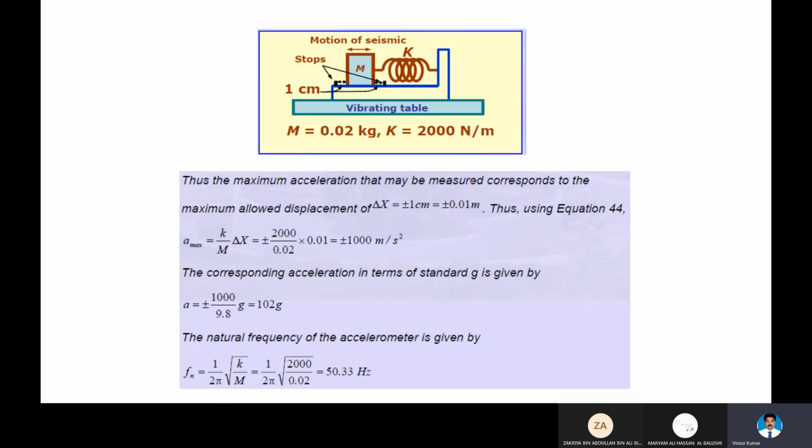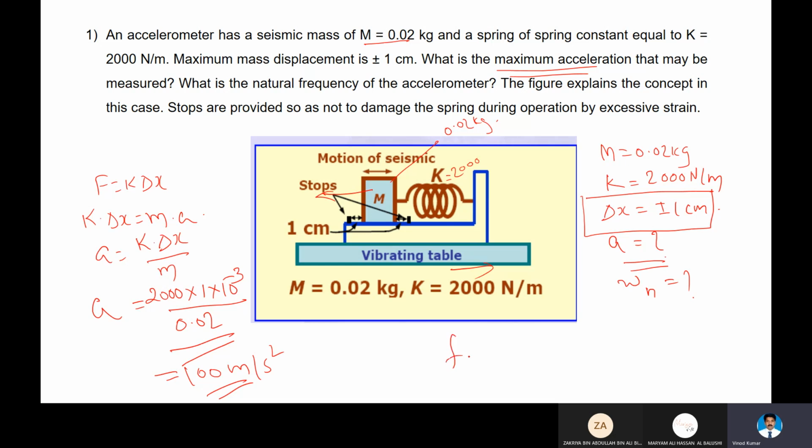Next is natural frequency. Natural frequency, you didn't study the equation. I will teach you now. 1 over 2 pi square root of K by M. In a vibrating table, natural frequency can be calculated as 1 over 2 pi square root of K over M. K is the spring constant, which is given as 2000 Newton per meter, divided by M. M is the mass, so the mass is 0.02.